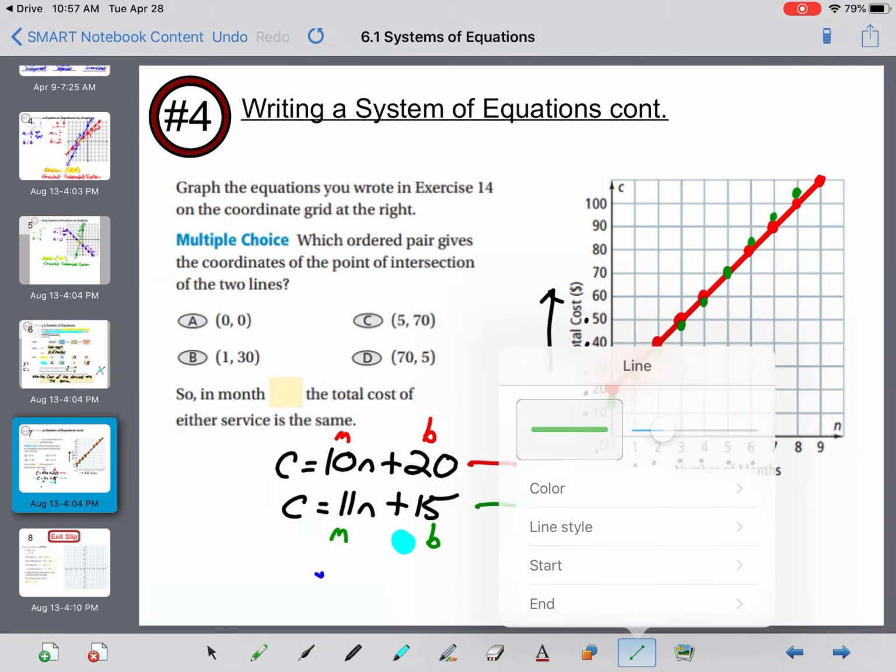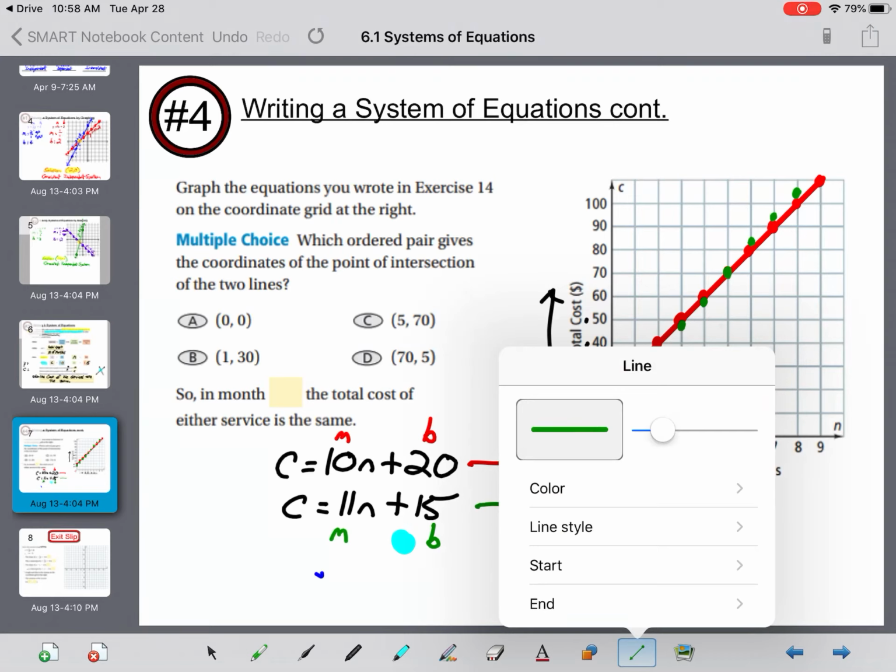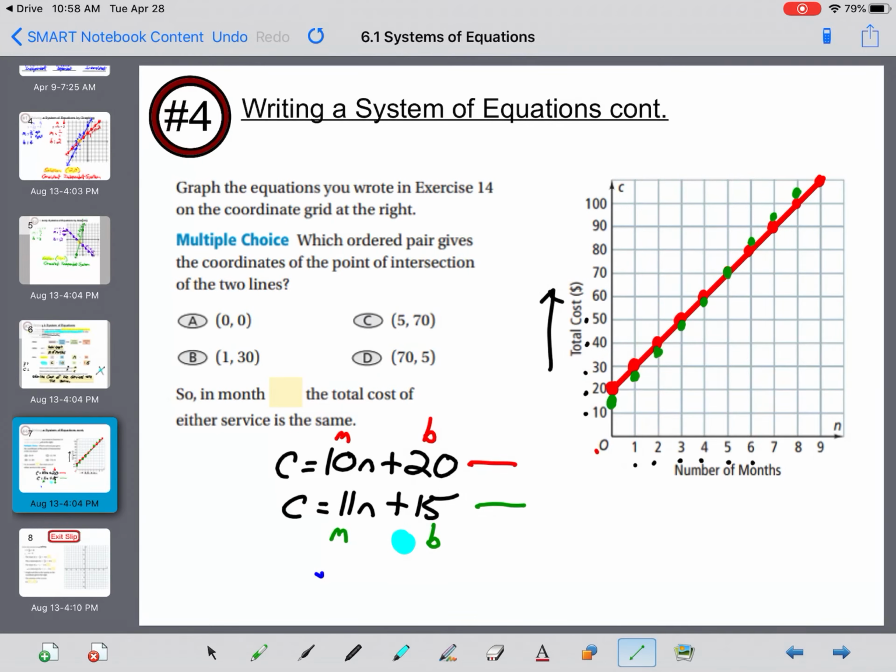So I know that could be a little tricky given the margins. I'm going to try and make this one thinner if I can. All right, so here's our graph. And again, our 2 points meet right here.